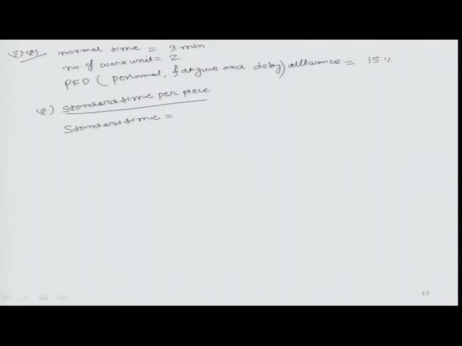That is equal to normal time times 1 plus PFD allowance. In this case the normal time is 3 minutes and the PFD allowance is 0.15, so that will be equal to 3.45 minutes per cycle. Okay. So this is the standard time per cycle.